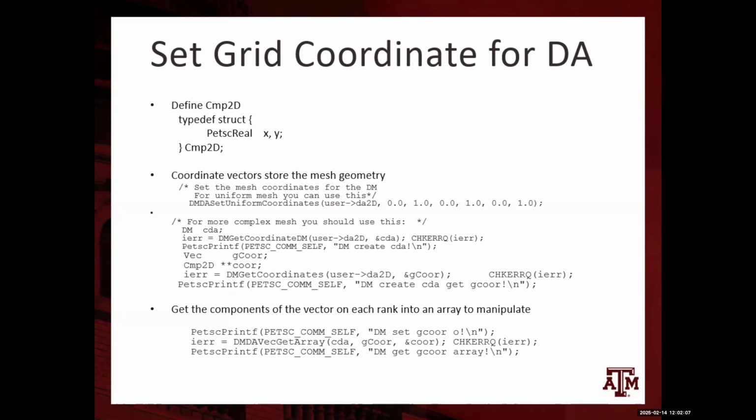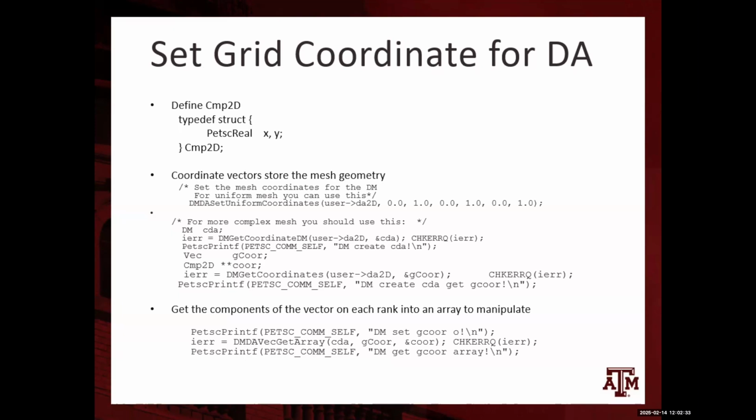What does it do? We have our coordinate DA and our global vector, and it puts this global vector onto our coordinate array that we can get and manipulate later.